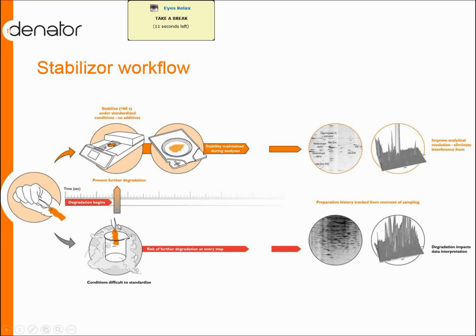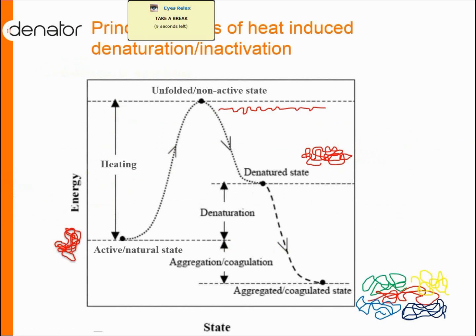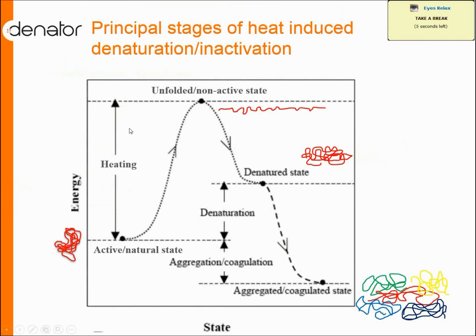That's generally the workflow. And so what do we do in the instrument? The instrument works by heating the sample, and we see here a schematic of that. What the heating does is that it changes the 3D structure of the proteins, of the enzymes, because the enzymes are very dependent on their 3D structure for activity.